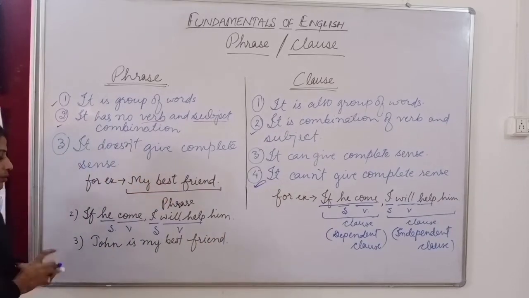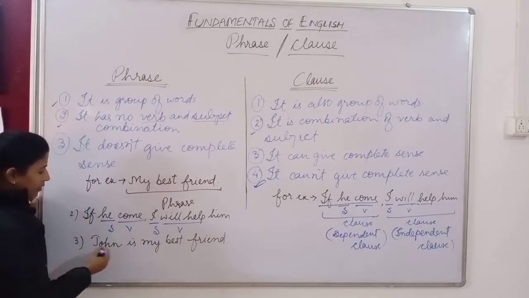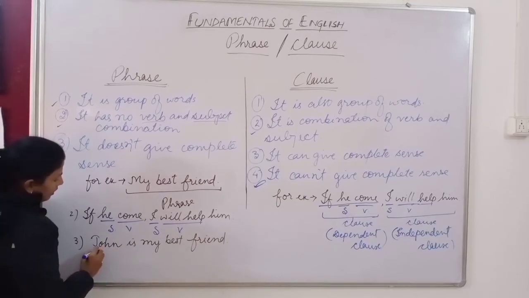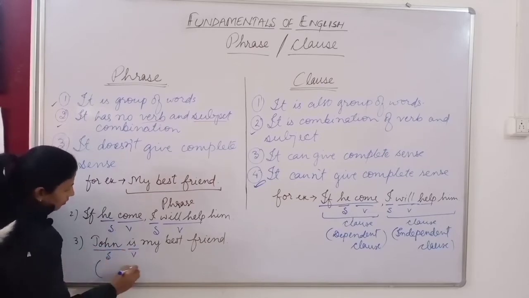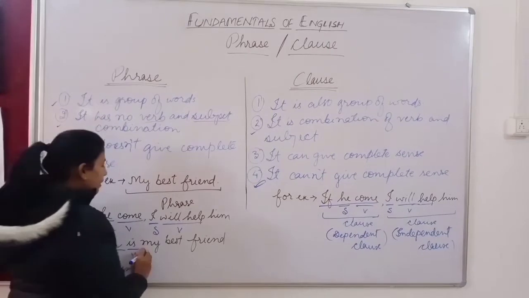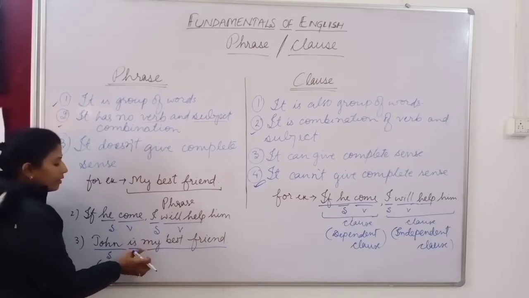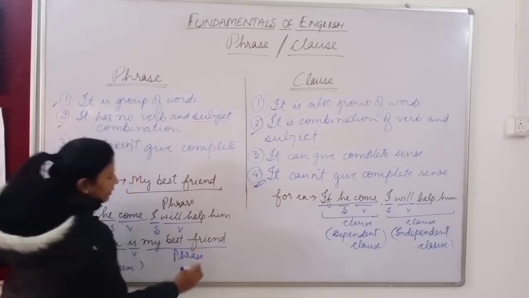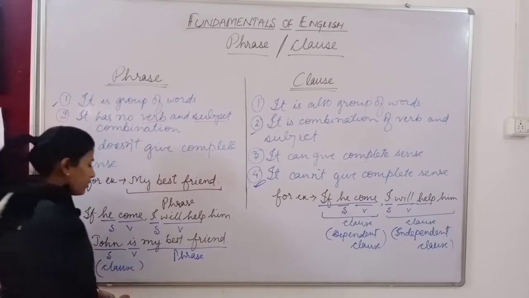So here you can differentiate and classify what is a phrase and what is a clause. A clause needs a subject and a verb, so John is my best friend comes under clause, and my best friend is a group of words but can't convey the sense, so it is a phrase. A sentence is a combination of clauses and phrases.